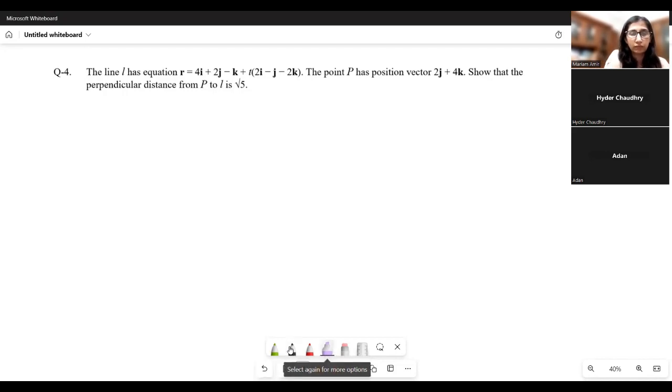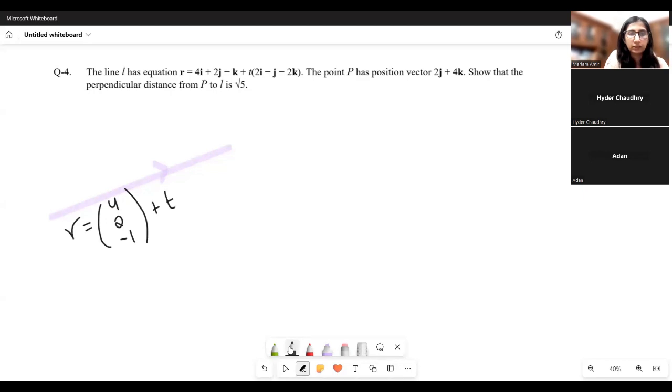Okay, so we're given a vector line with equation r equals (4, 2, -1) plus t(2, -1, -2).